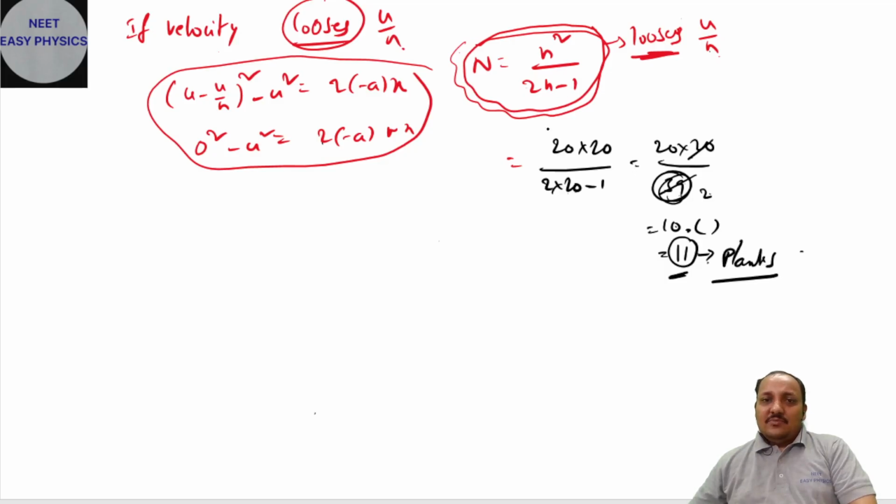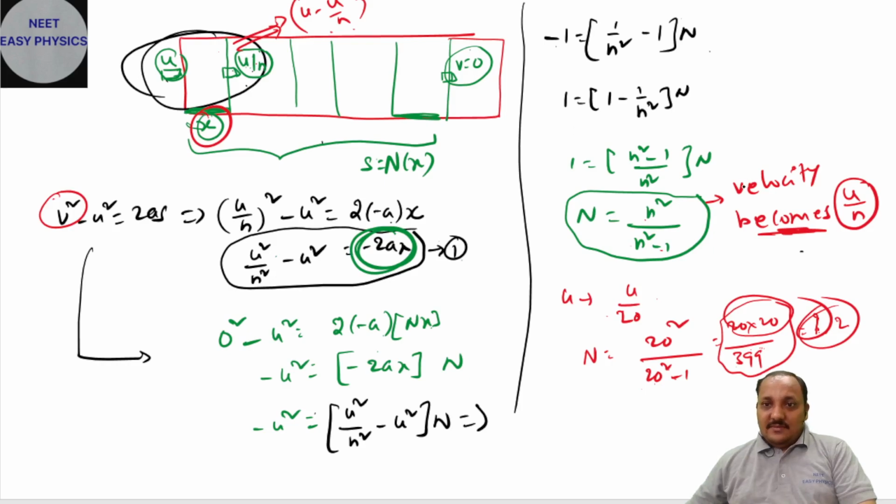So this model is going to be important. They give either loses or becomes, and you have to take care. Loses means this one, becomes means this formula.